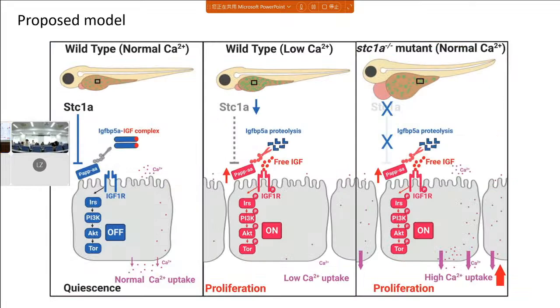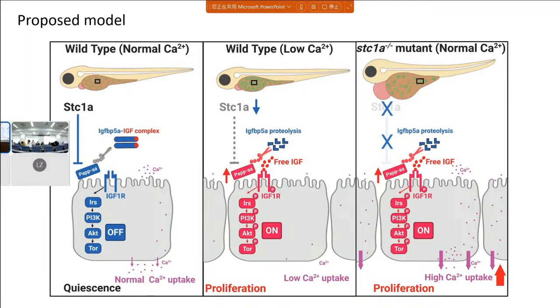In conclusion, this is the completed model they proposed. So in the left figure, under normal calcium conditions, STC1A is expressed and inhibits PAPPA IGF binding protein 5A proteolysis.